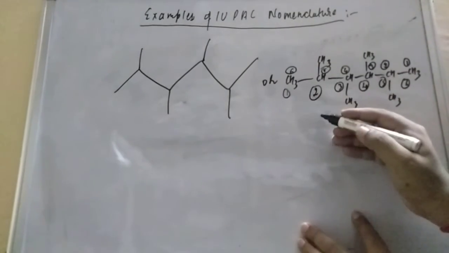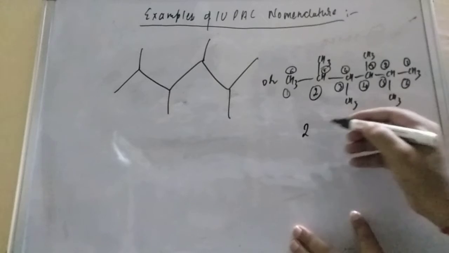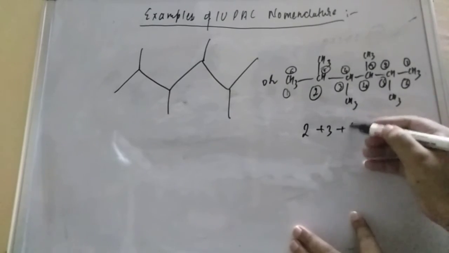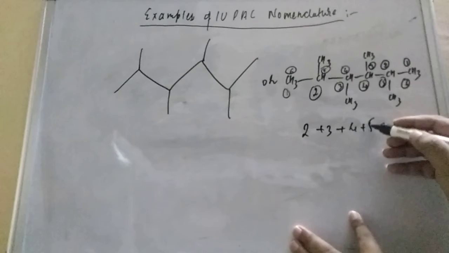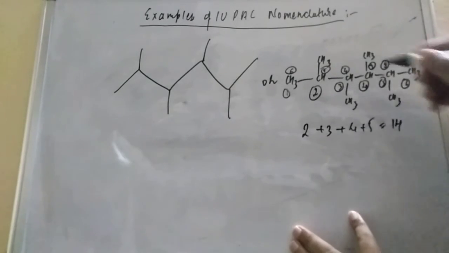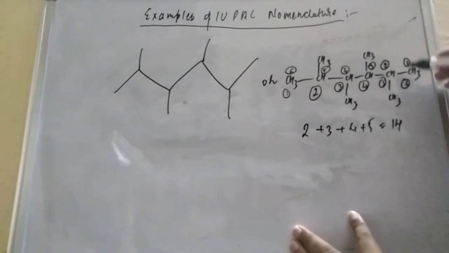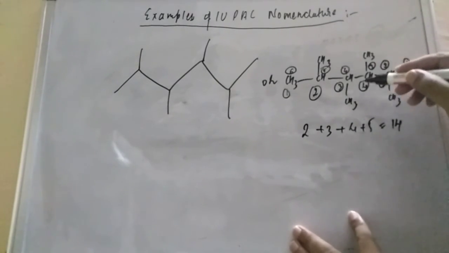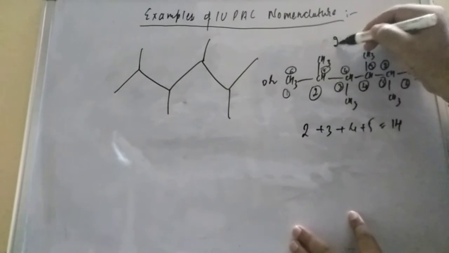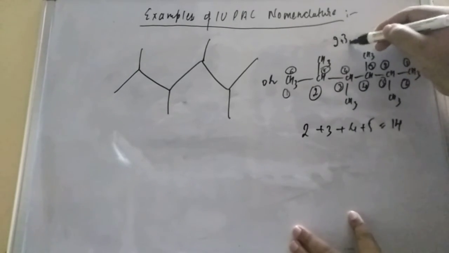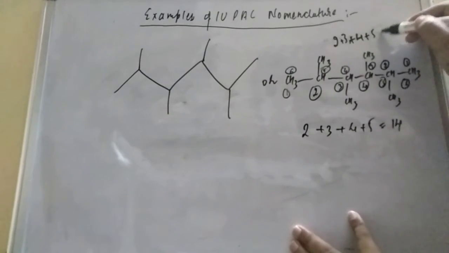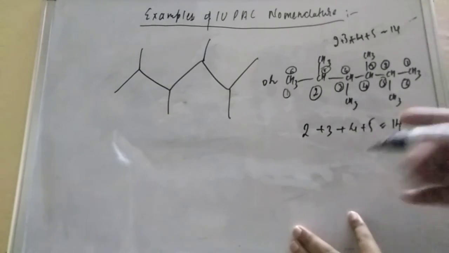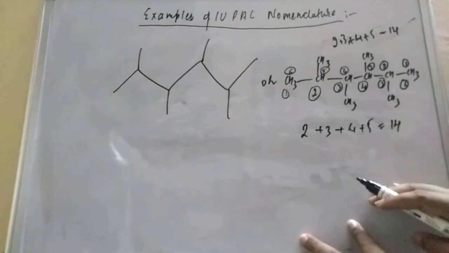If you see downside numbering, where are the prefixes? Second position plus third plus 4 plus 5, that is 14. And if you go from this direction, 2, 3, 4, 5, again 14. So any direction you can do numbering if the same sum is coming.